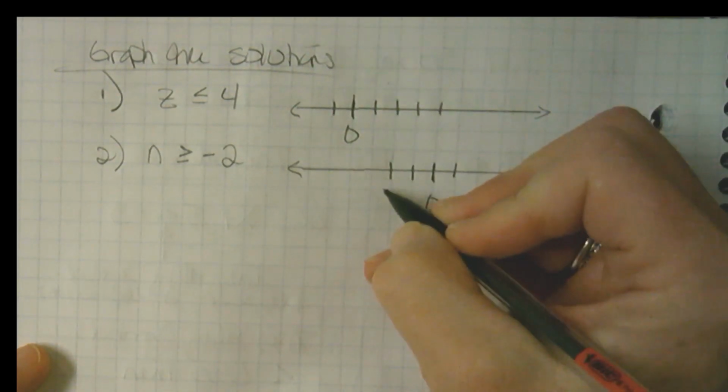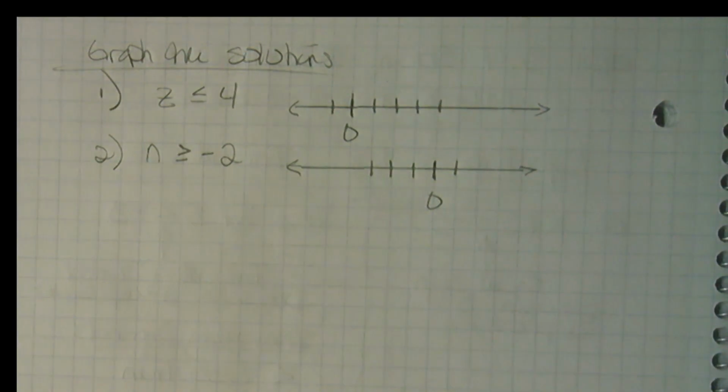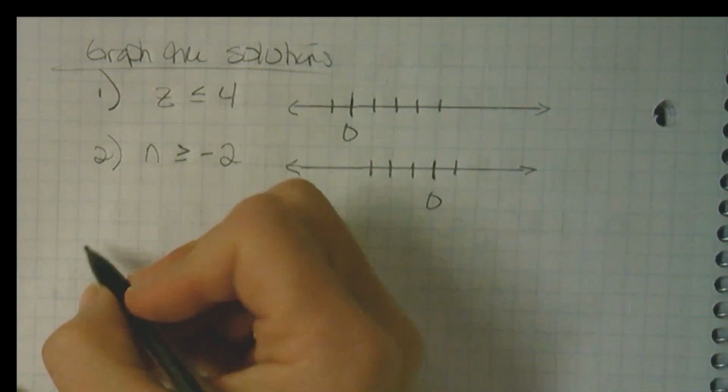If you're going to count by 2s, tell me positive 2 and a negative 2 on either side of your 0, or whatever you want to count by. Actually, I'm going to put a third one in there.